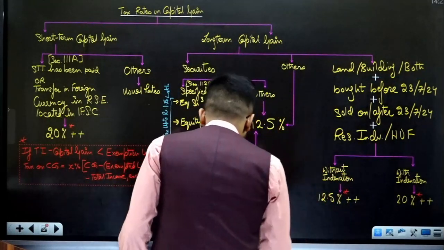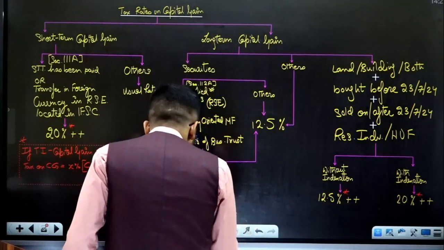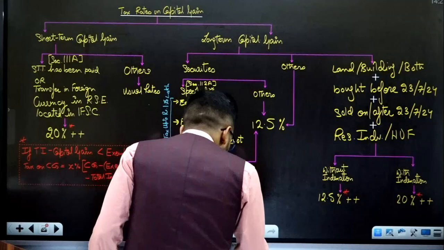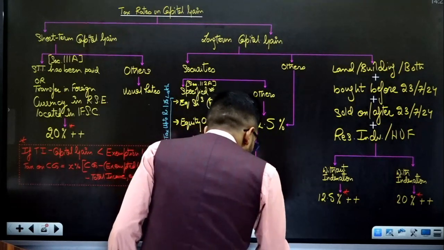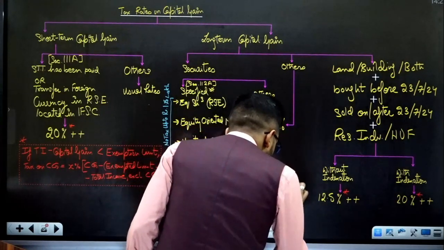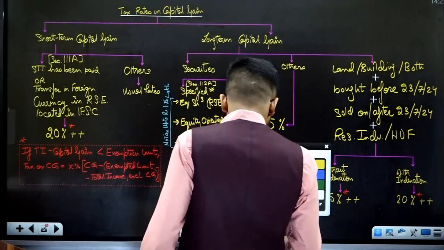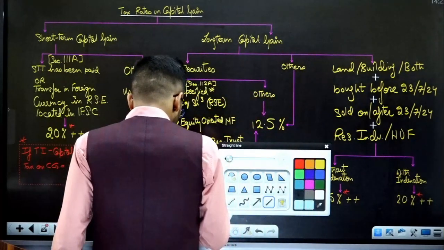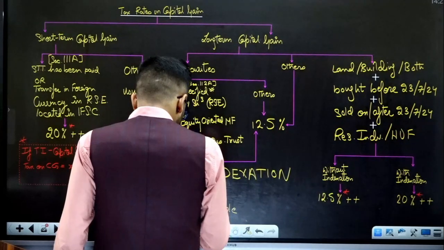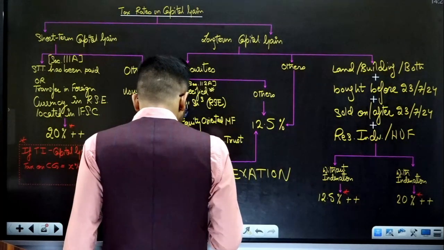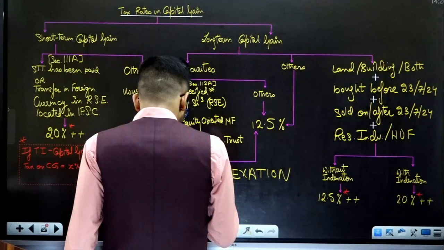Okay. Let's write over here, no indexation. Indexation benefit is not there. So no indexation in this particular category of assets. So I'll give a generic rule that no indexation for these kinds of categories of assets.